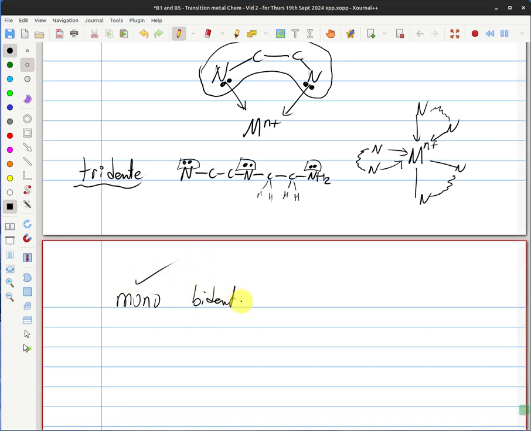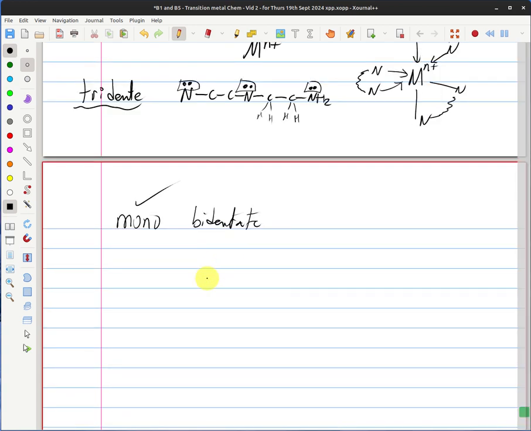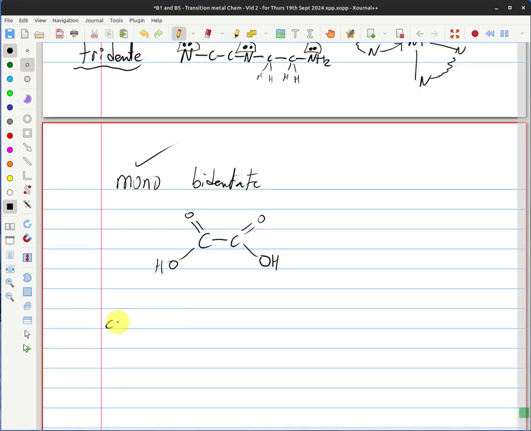Bidentate. Oops, I forgot. There's one more common one. How did I forget this? This is very important. So remember this molecule. Again, you should remember how to make that from C double bond C. We can go to the diol.